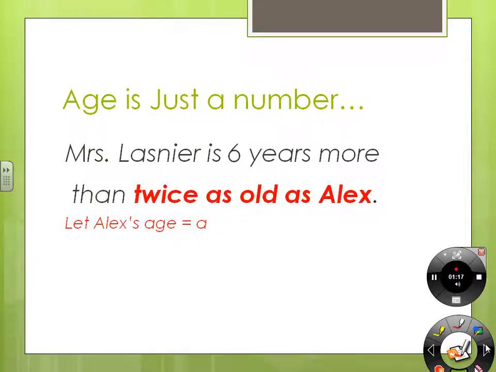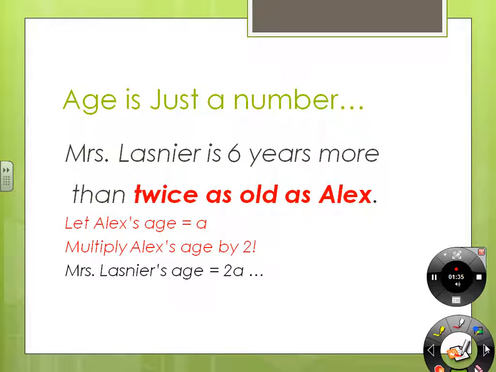And notice it says twice as old as Alex. So it has here the word twice. And if you have to look back on your note sheet from the previous day, twice means 2 times the amount. So we would multiply Alex's age by 2. So Miss Lasner's age is going to be twice as old as Alex.